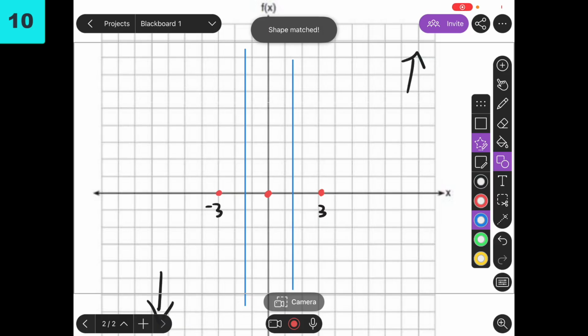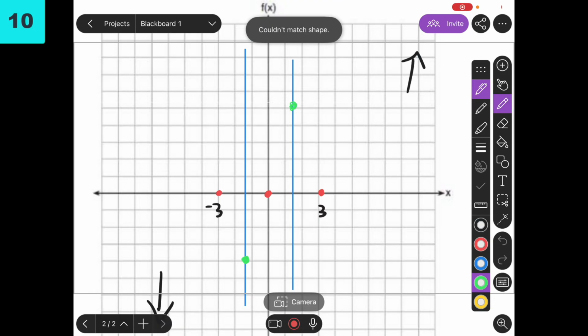I can maybe guesstimate, let's just say one of the points is right here, right? Let's just pretend the other point is somewhere around here. And lastly, I just had to connect the dots.